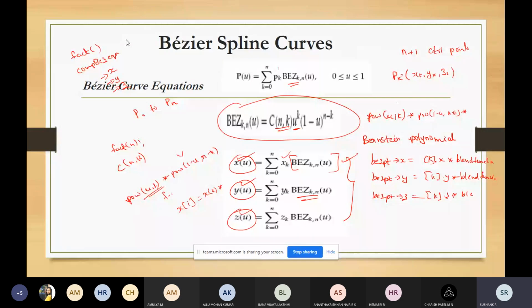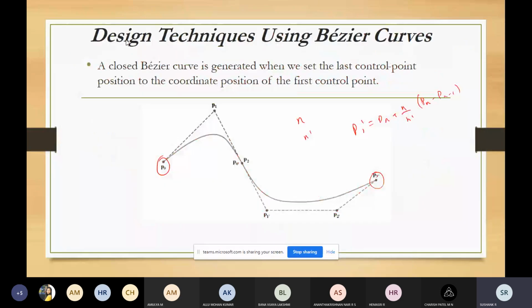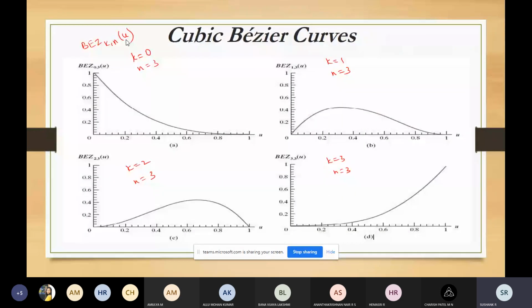We know that Bezier is given by C of n comma k, u power k, into 1 minus u power n minus k.